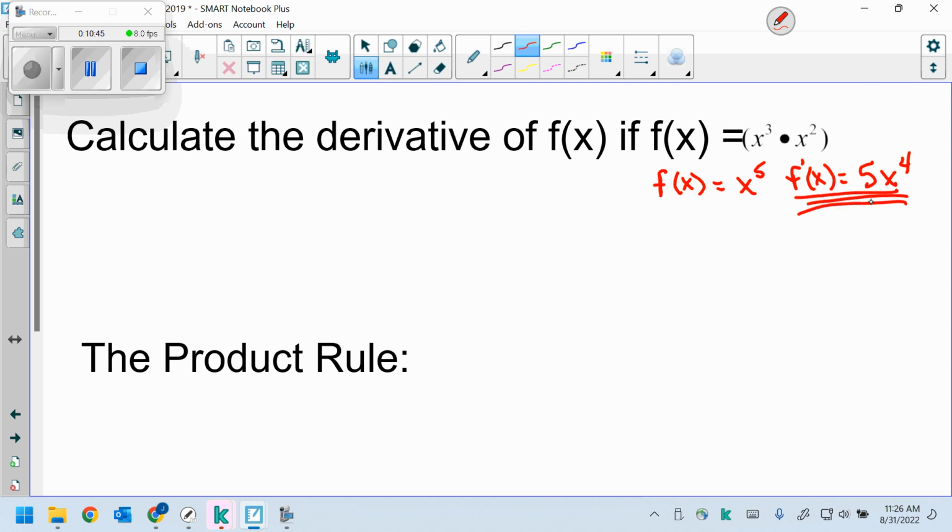If you can't simplify, you may have to use the product rule, if this is one function times another. And the product rule says that the derivative of f of x times g of x. Well, first of all, let's get something out of the way. It's not the derivative of f times the derivative of g.